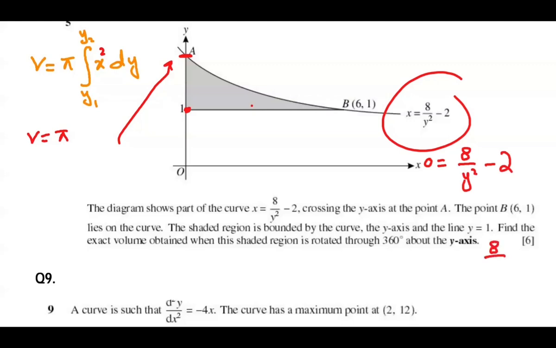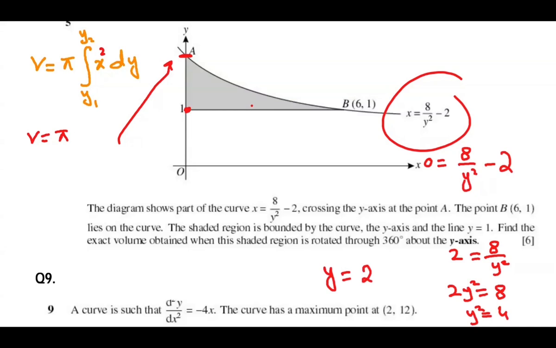So 8 over y square is equal to 2, 2y square is equal to 8, y square is equal to 4. So if y square is 4, y is plus minus 2. We know y is positive 2.